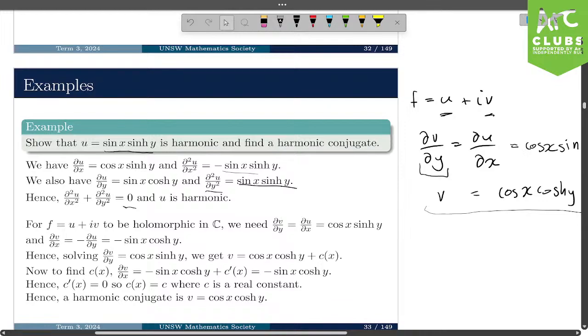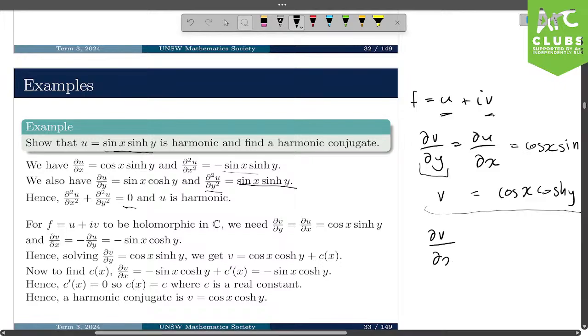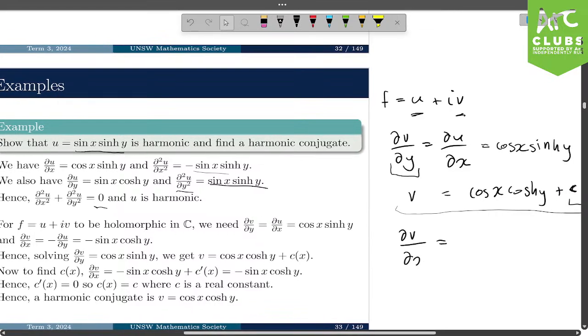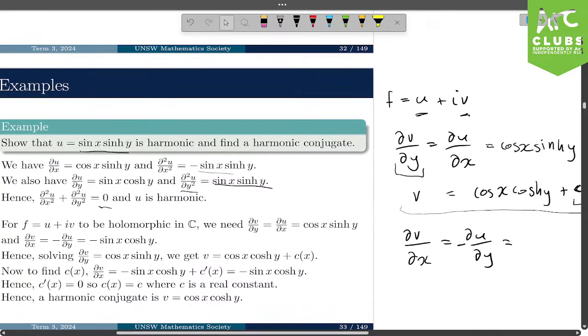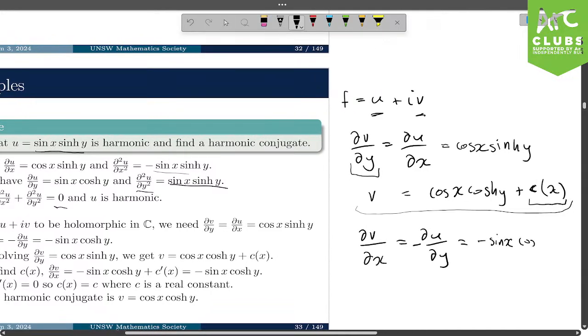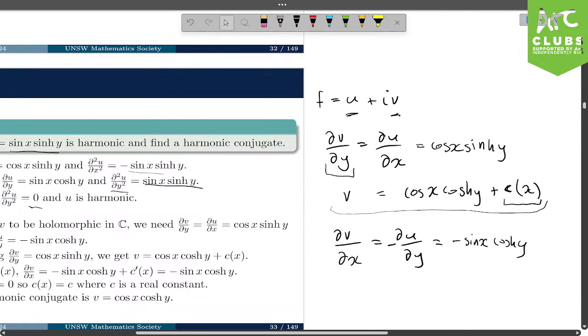What we do is use the other Cauchy-Riemann equation, the one where delta v over delta x is equal to negative delta u over delta y, which, from our expression of u, should be equal to minus sine x cos y.